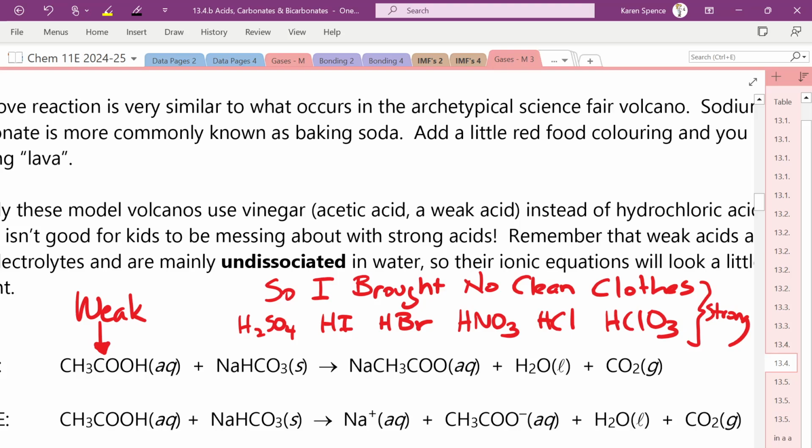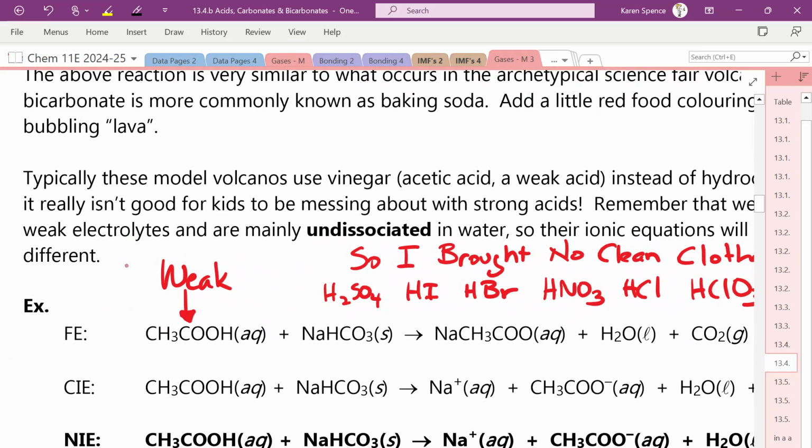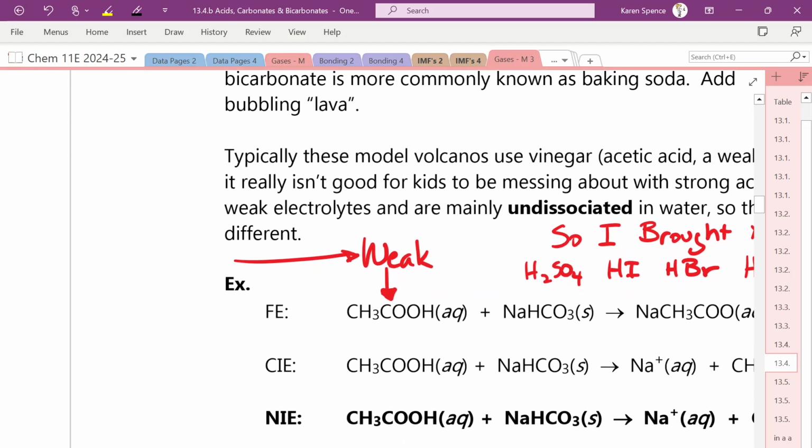What do weak acids do in solution? Do they break apart? Yeah, they break apart, but only a little bit. Most of it stays together. So when you do a net ionic equation, weak mostly stays together.